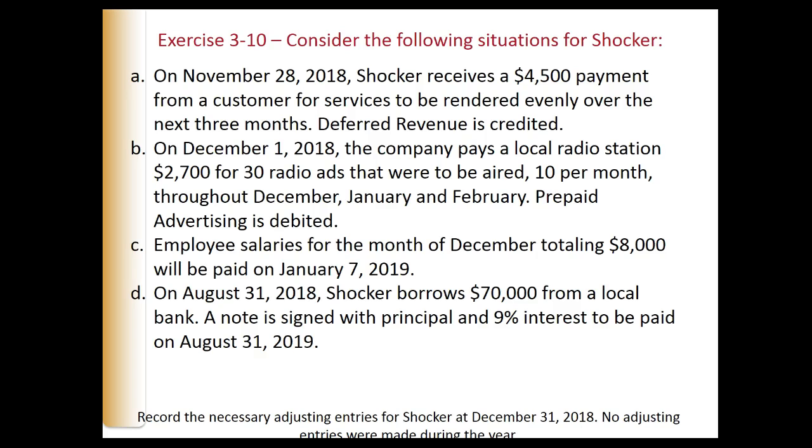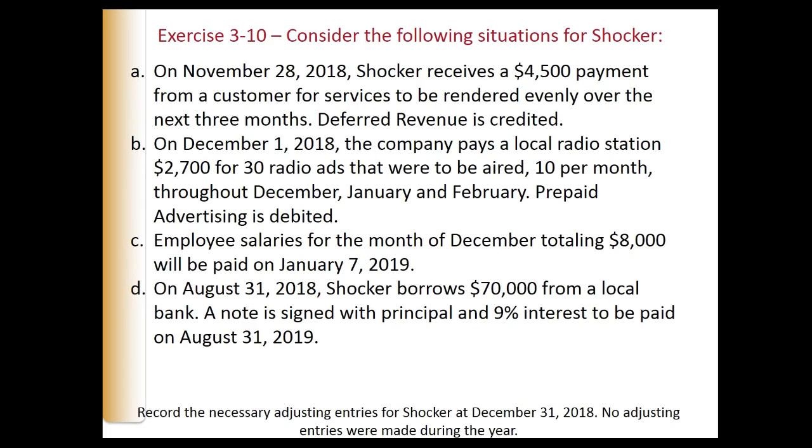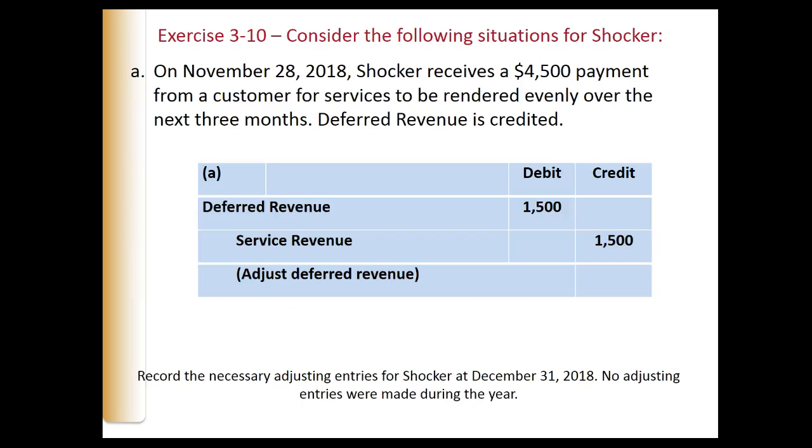Let's now work on an exercise. We're going to look at various situations for Shocker Company, and we're going to record the necessary adjusting entries. Now, there weren't any entries that were made during the year, so we're going to do them all at the end of the period.